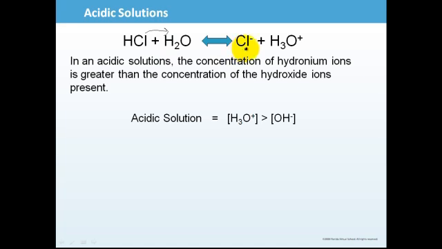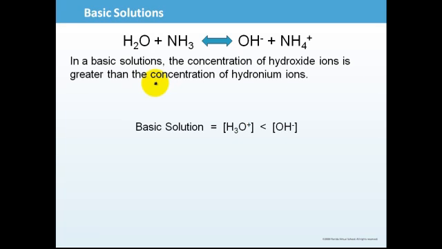So now we have the Cl minus ion, the chloride ion, and we have the hydronium ion, the H3O plus ion. So in this situation we have added more hydronium ions. So when we compare the two concentrations, we have a greater amount of hydronium ions than we do hydroxide ions. This would be considered an acidic solution.